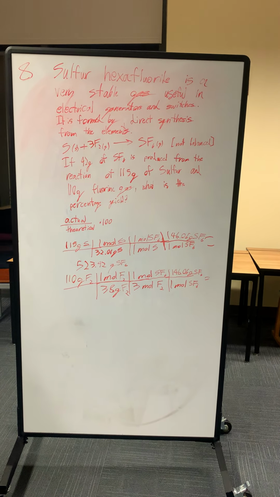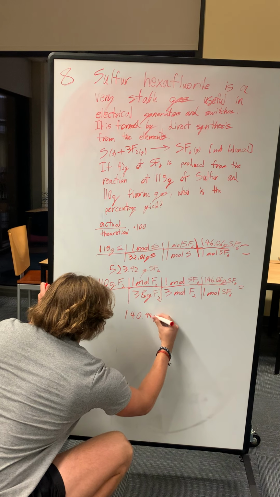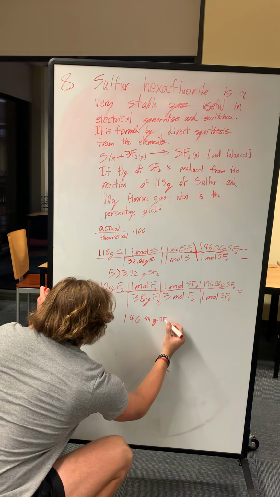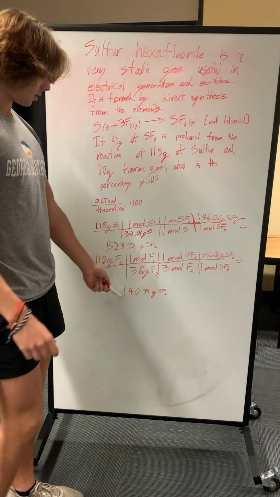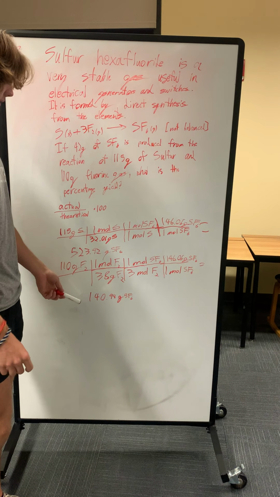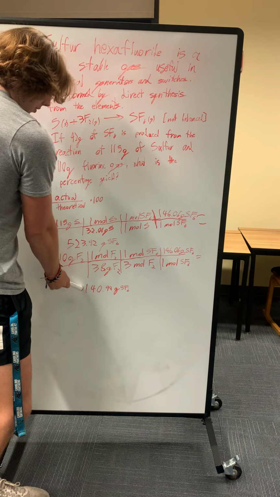All right, so once you get that, it should be 140.94 grams of SF6. So this is your limiting reagent because it is a smaller number than this right here. So this is your excess, this is your limiting.